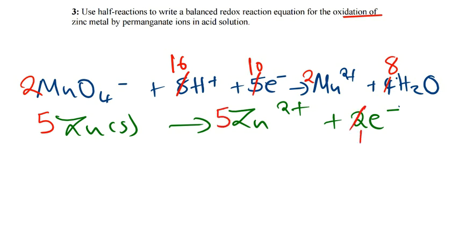That will become 10 when you multiply by 5. So when we balance them, we maintain whatever is on the left.